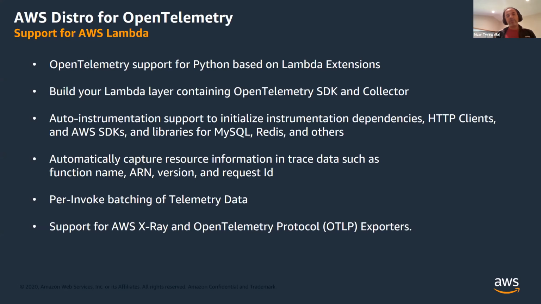Again, as part of this, we are also collecting resource information from the Lambda function, which includes the function version and the function name, so that you would know what function is being called as part of your trace data and so on.